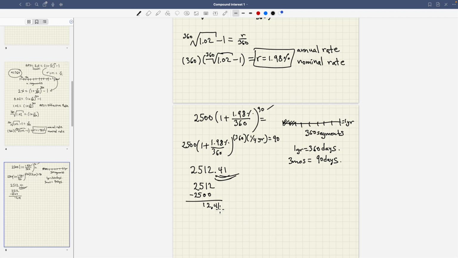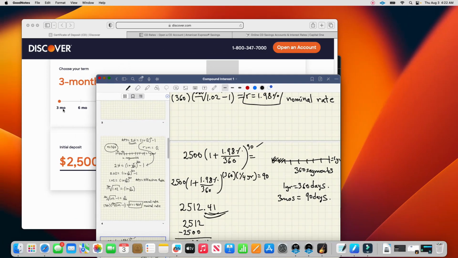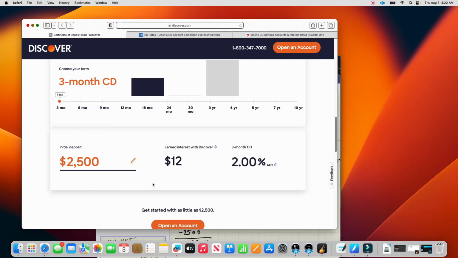But anyways, it's off by 41 cents. The calculation that we did here in pencil and the calculation that's done here with the computer is off by 41 cents. And if you were to, in reality, invest this amount of money with Discover, I know that the cents come into play.